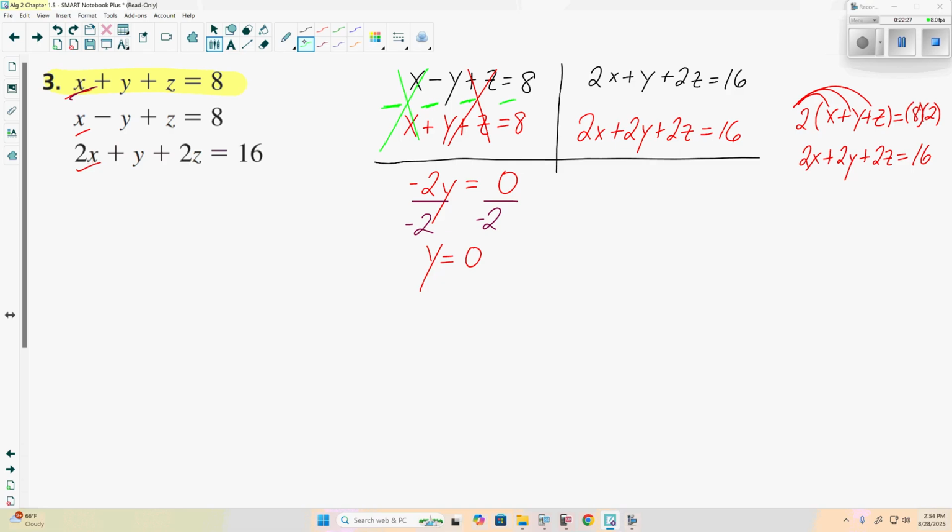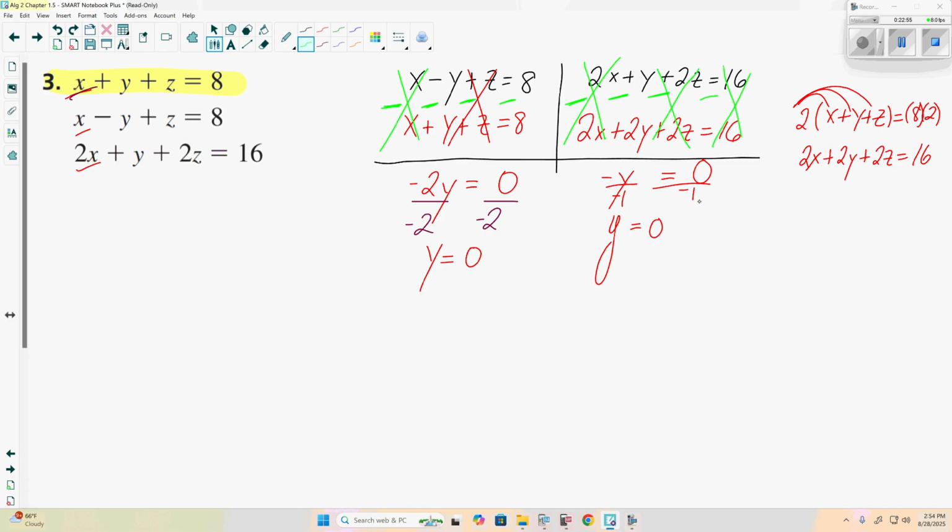Would we add or subtract? We'd subtract, because 2x minus 2x is 0. y minus 2y. Almost. Negative y. 1 minus 2. Now 2z minus 2z is indeed 0. 16 minus 16 is 0, so negative y equals 0.